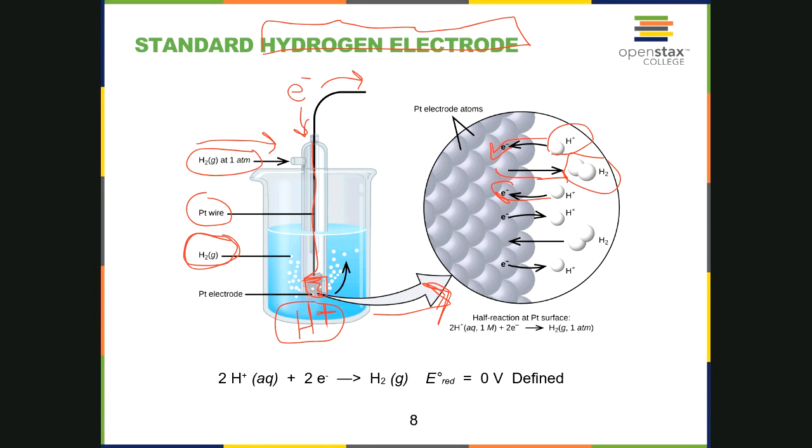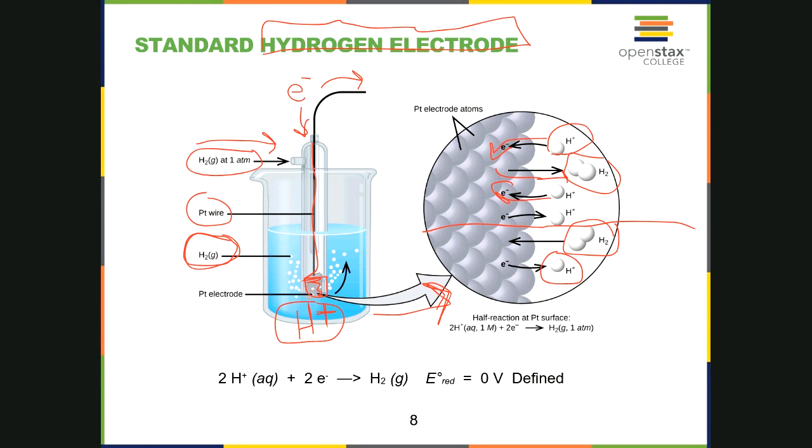But like I said, electrons can flow into the electrode or they can flow out of the electrode. So that's what's occurring down below what we see at the top. We have hydrogen gas coming up to the electrode. It's losing an electron and becoming H+, and it would actually become two of those H+.